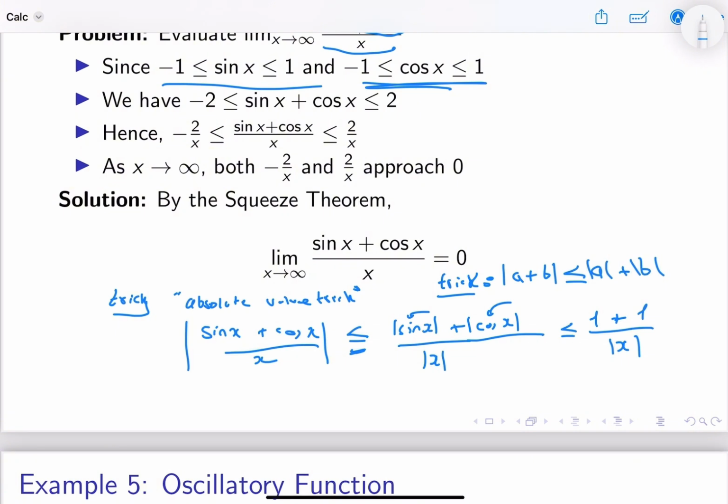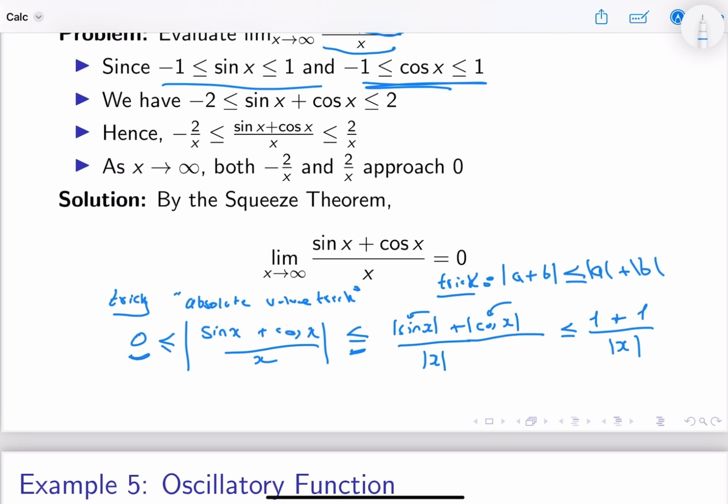On the other hand, this is lower bounded by 0, because the absolute value of anything is non-negative.